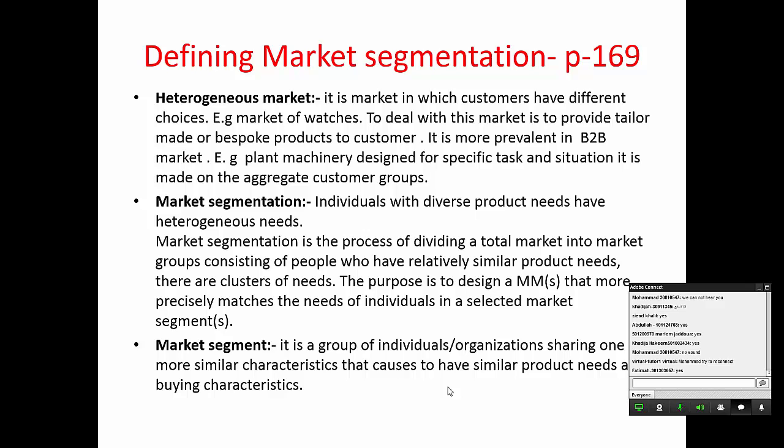There are a lot of groups of customers that need certain products. As an example here, look at Riyadh City. Riyadh City contains around 5 million people. That means the population in Riyadh is around 5 million people.